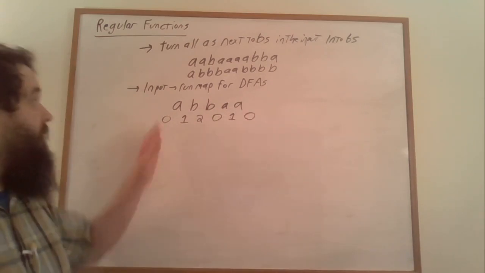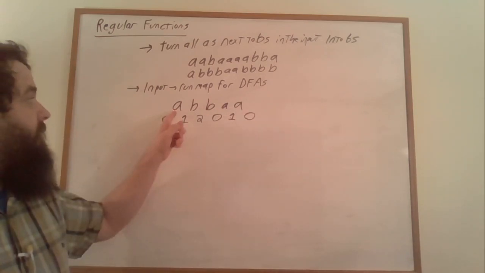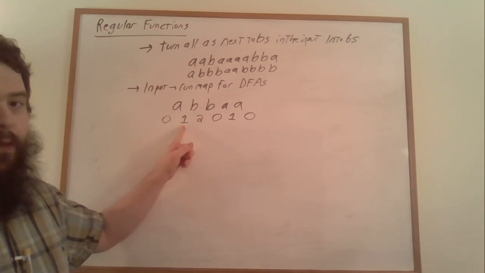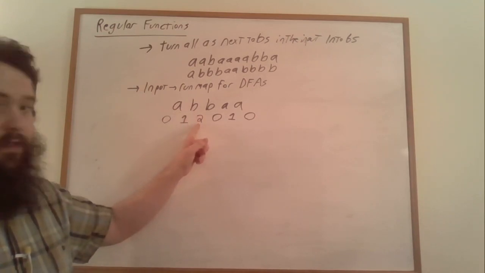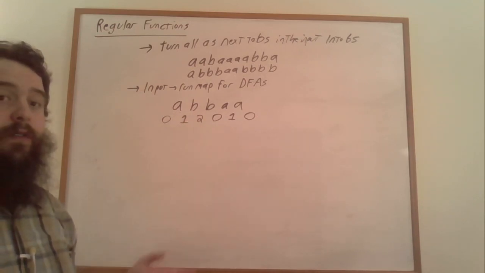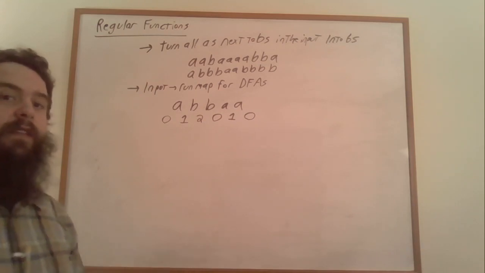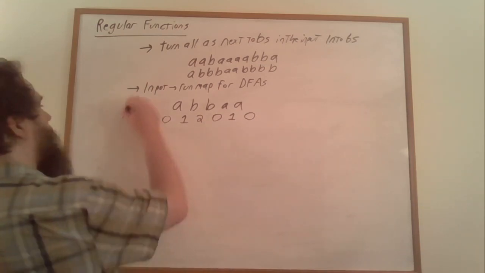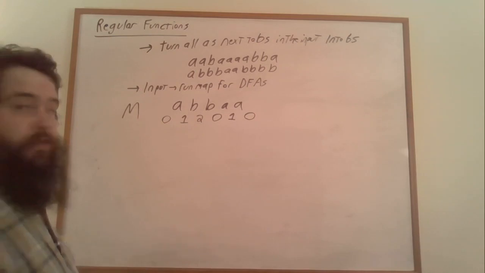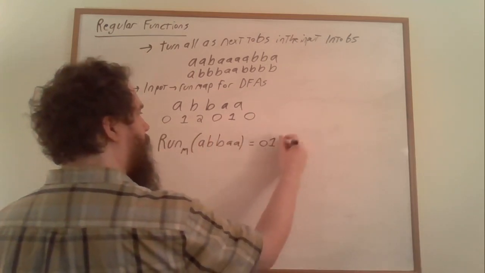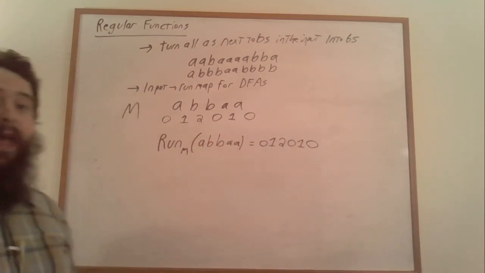So it starts off in state 0, and then it reads an A and transitions into state 1, then it reads a B and transitions into state 2, and so on and so forth. If we call this finite state automaton M, I will denote this function by run sub M.